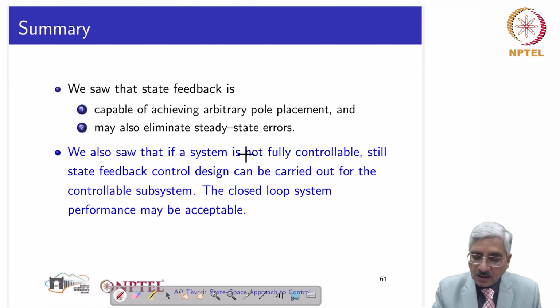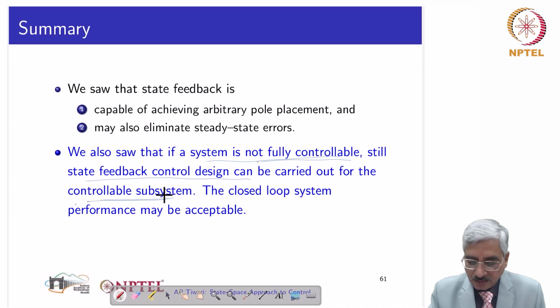We also saw that if the system is not fully controllable, still state feedback control could be designed for the controllable subsystem, and the overall performance of the closed loop system may be acceptable.